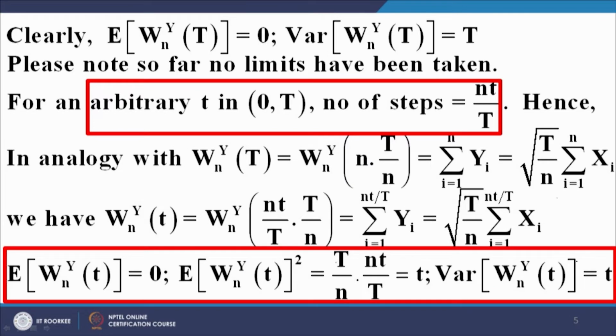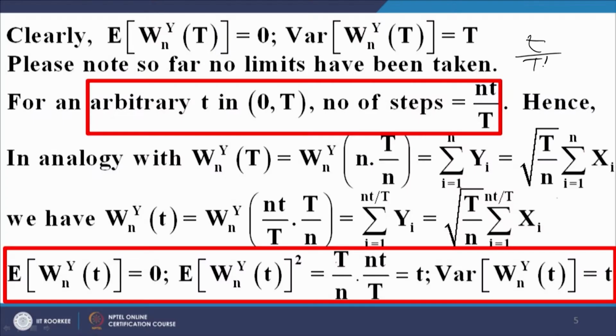So, let us now look at a situation where we are not talking about the total time evolution of the process, but we are talking about observing the process at any intermediate time between 0 and capital T. So, small t here is any arbitrary point in time at which we make the observation on the process.